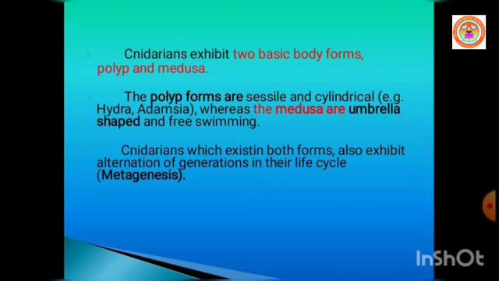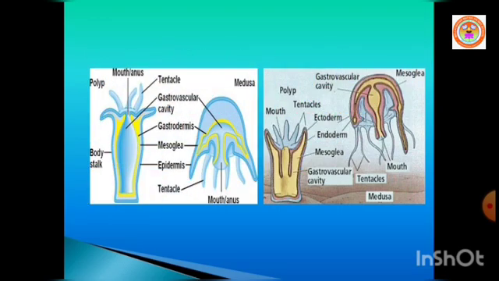Cnidarians exhibit two basic body forms, namely polyp and medusa. One is called the polyp form, another is called the medusa form.